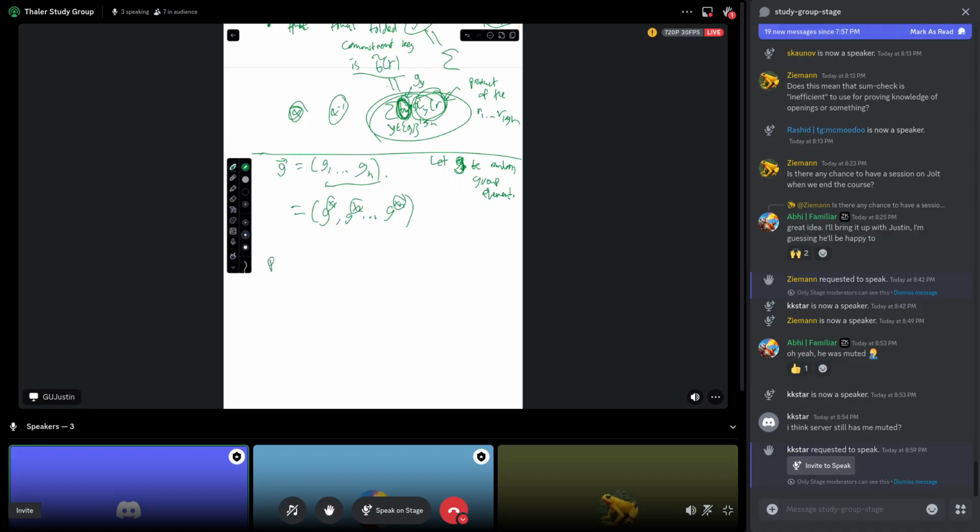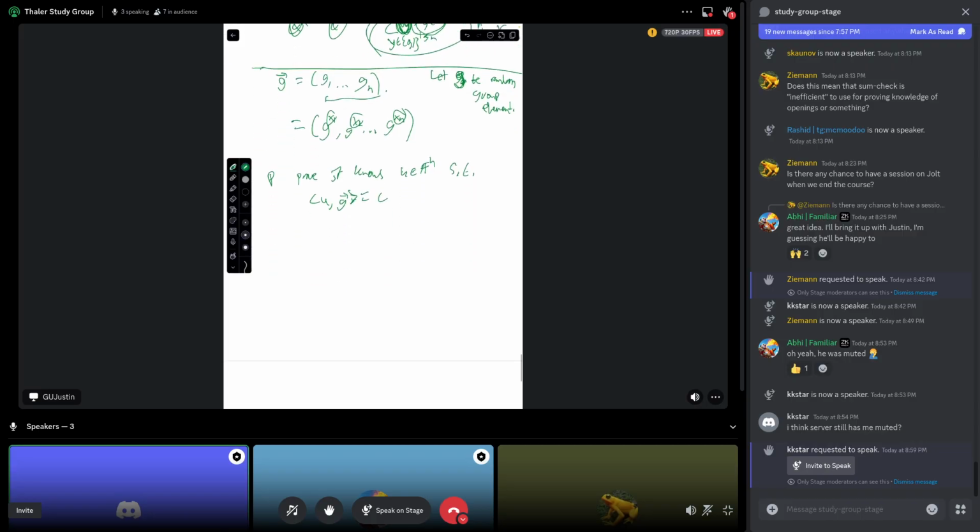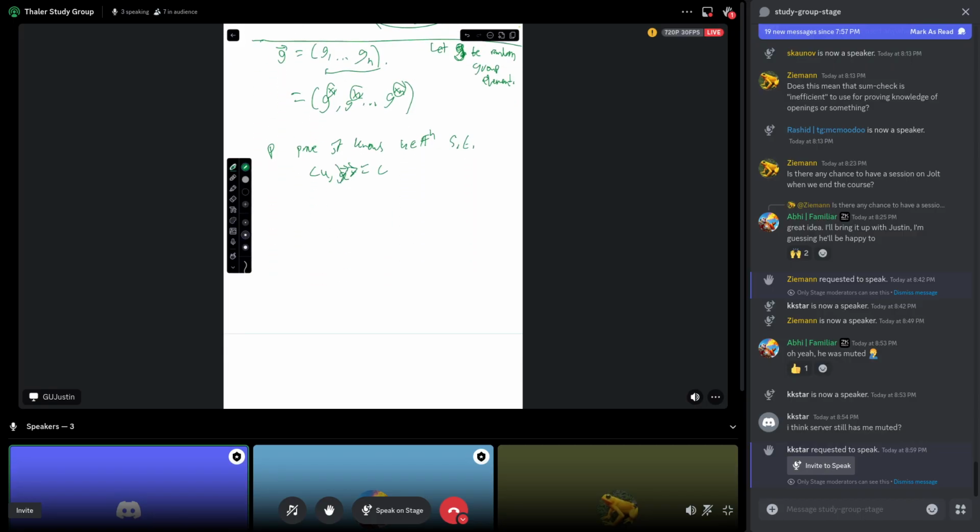Let's say the Bulletproofs prover wants to prove it knows a U, a vector of field elements, such that the inner product of U and G equals C.